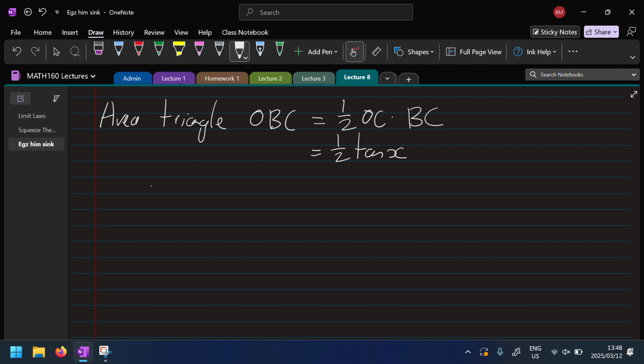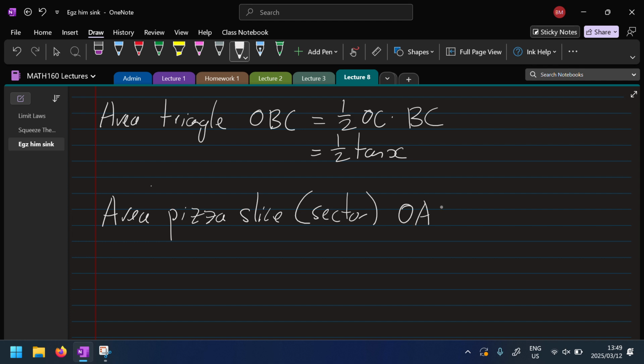So you can think of it as pizza slice, but the correct word is sector. So area of the pizza slice, again, the correct word is sector of OAC.